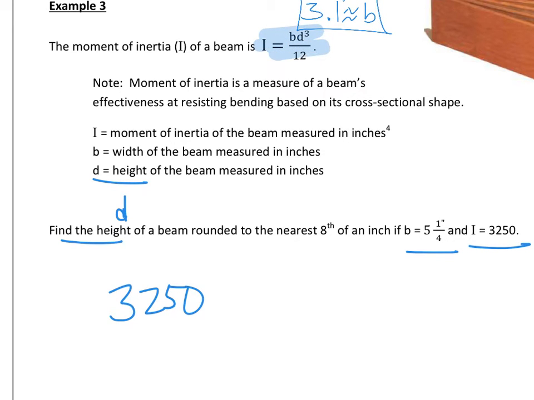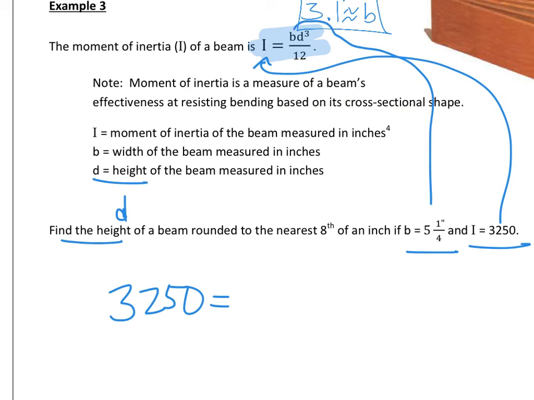All right, so plug it in. 3,250 for I. We know what b is there, and so we have 5 1/4. Now we want to change that quarter into a decimal. So we know a quarter is 0.25, so 5.25.